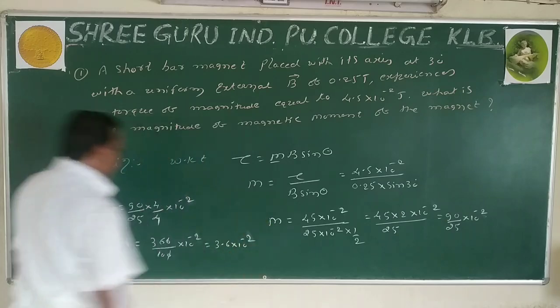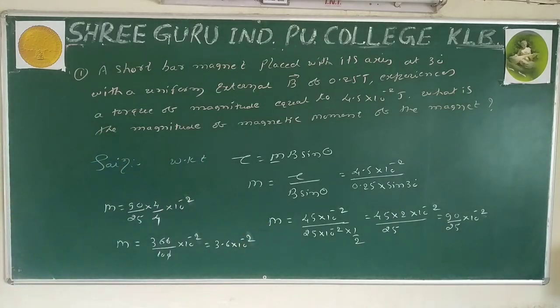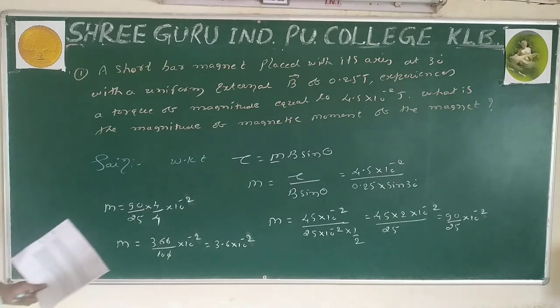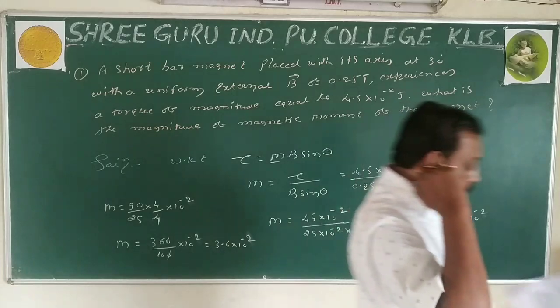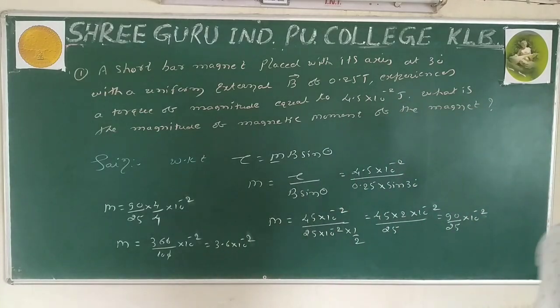It is 3.6 into 10 to the power of minus 2, that is joule per Tesla. देख लो एक बार, 0.25, 25 into 10 to the power of minus 2.